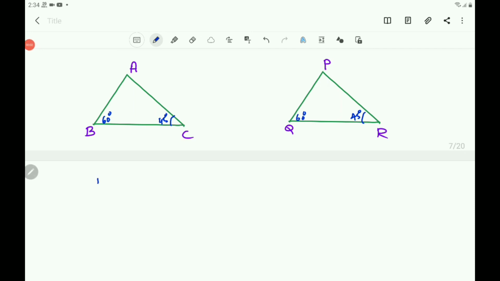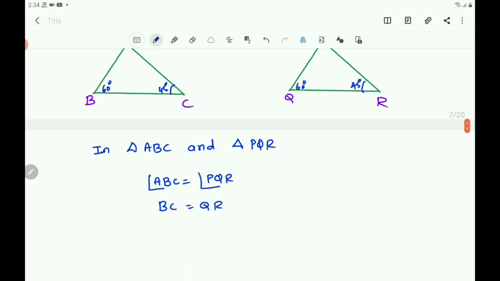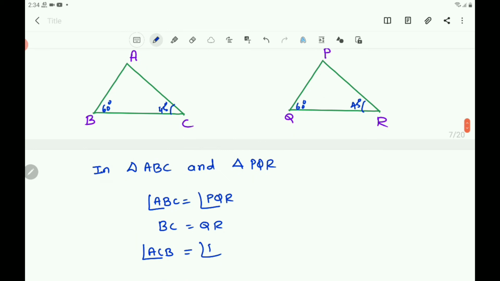Now let us write, in triangle ABC and triangle PQR, ASA that you have to take, angle B means angle ABC equals angle Q, that is angle PQR. Now you take this side BC equals side QR, and angle C is equal to angle R, that is angle ACB is equal to angle PRQ.